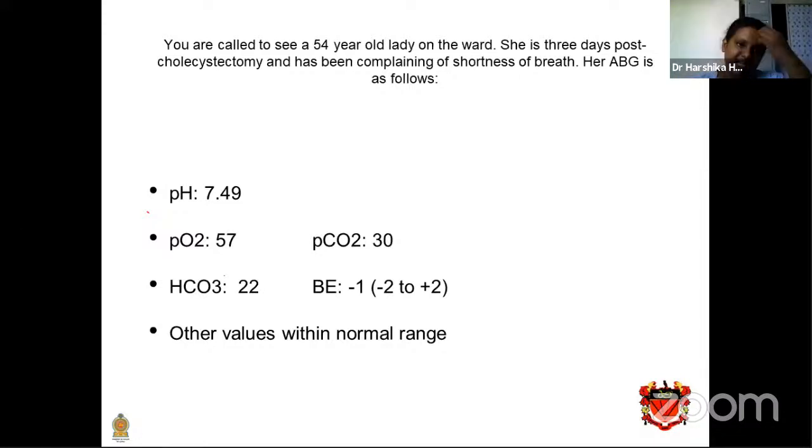I have included this to show you how to differentiate the respiratory failure. When you look at the PO2, remember I told you if the PO2 is less than 60, it's hypoxia. So her PO2 is 57. The CO2 is slightly less than the normal range, which is 35 to 45. So you can see that this is a type 1 respiratory failure, which is mainly oxygenation failure.